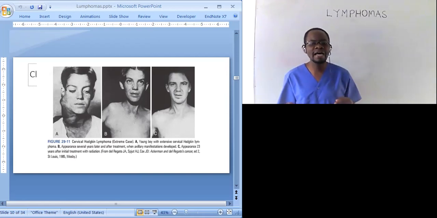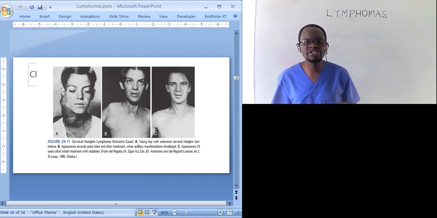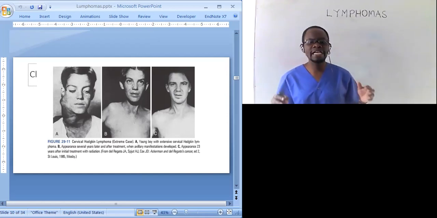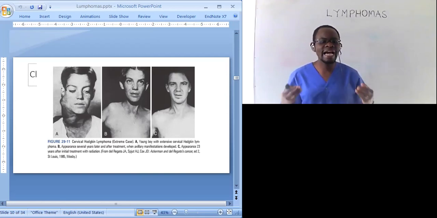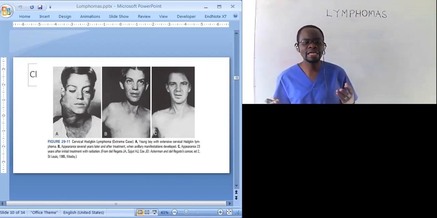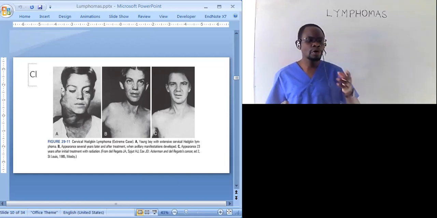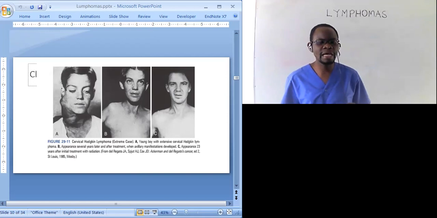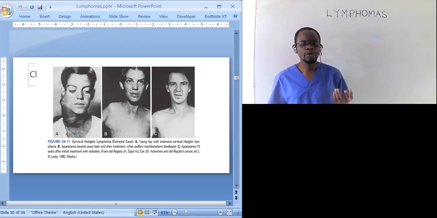On the other hand, non-Hodgkin's might develop in the lymph nodes of the GI tract or extranodal tissue, where they cannot easily be seen. So that is a typical example of an extreme case of Hodgkin's lymphoma.